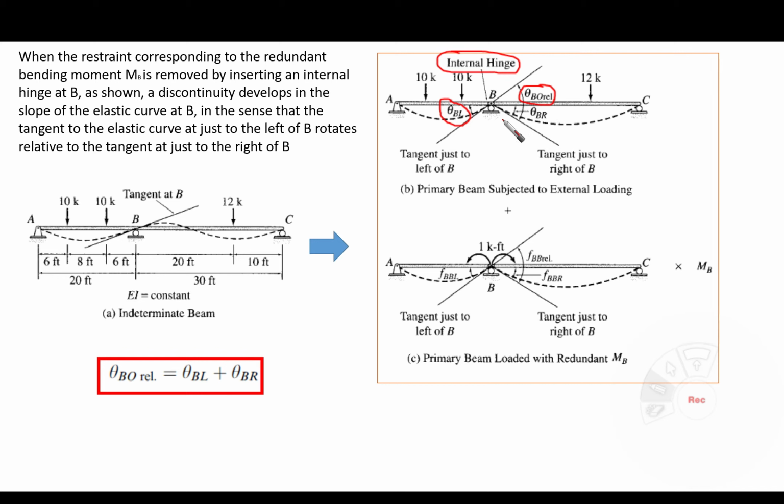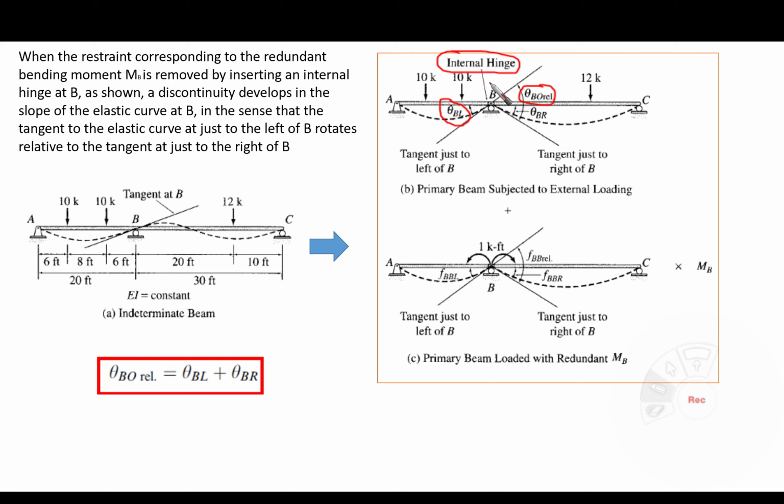Relative means the relative slope or angle between the tangent on the left of point B and the tangent on the right of point B, based on the new elastic line after the introduction of the internal hinge.